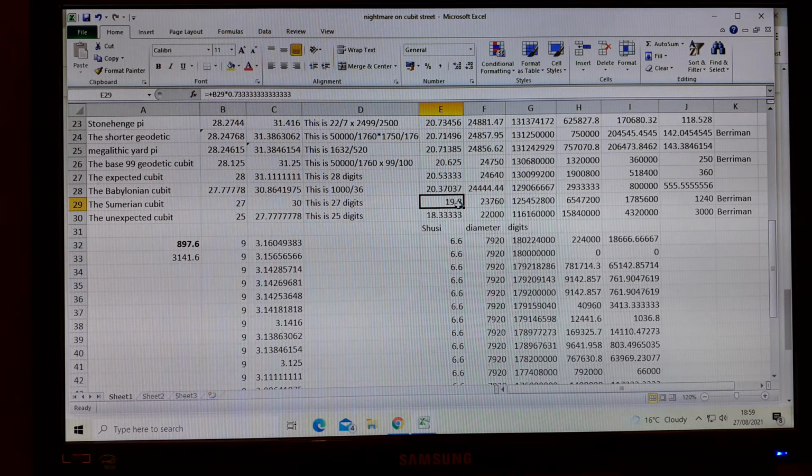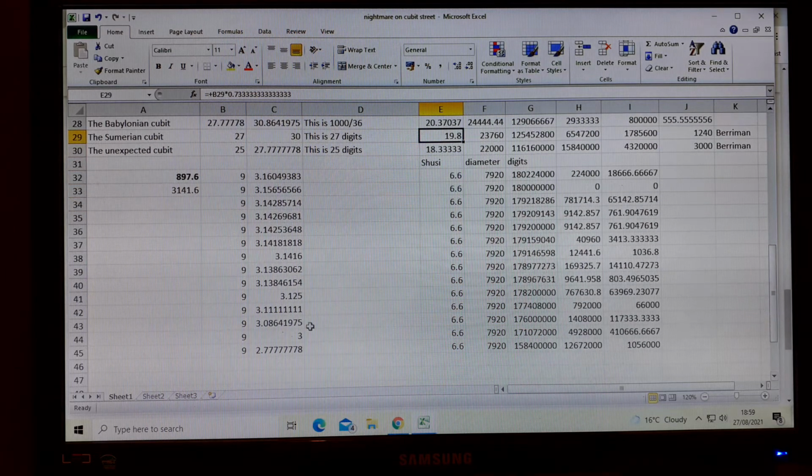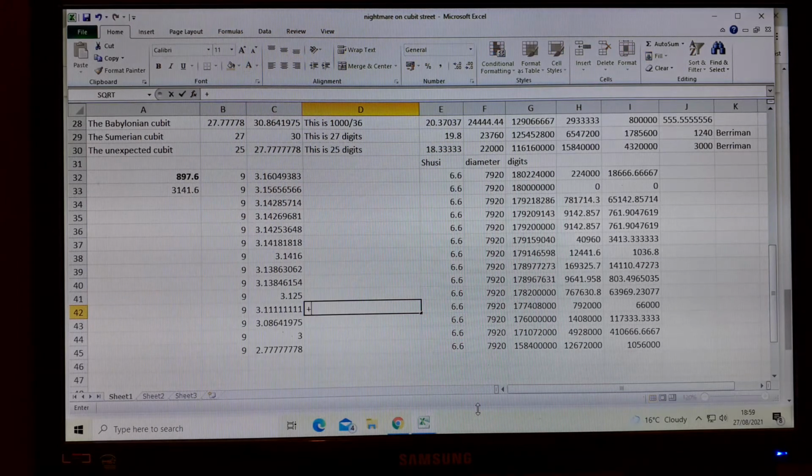So 19.8, the version of pi. What is it? 3. So pi has fallen down to 3 here in this. Well, we've gone away from, this is probably the cutoff, I would say. We've gone past pi here. But you get a good version of pi if you multiply some of these by 99. Oh no, not that one.